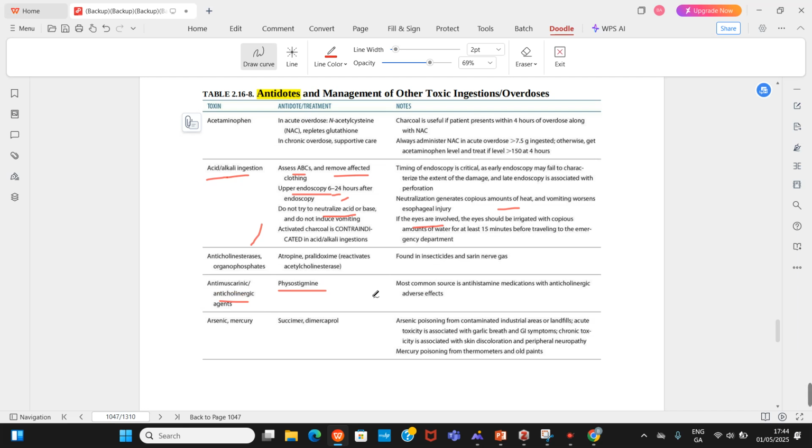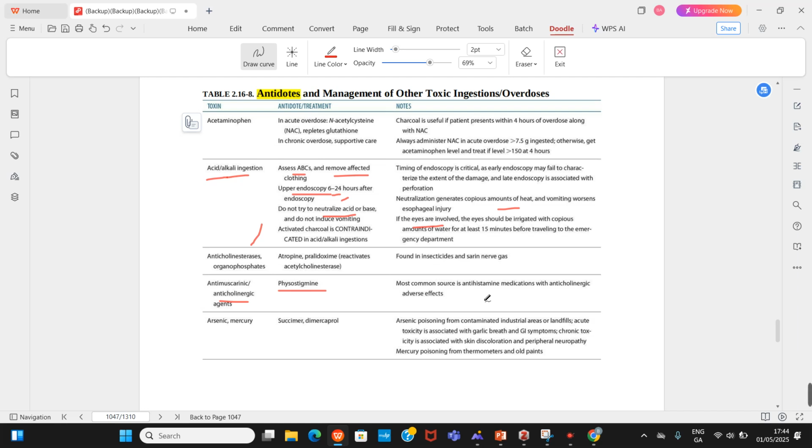Myasthenia gravis. It's important we know all those distinctions because you can be confused in the exam. They will put both of them there. So physostigmine is for anti-muscarinic toxicity. Pyridostigmine, the one with the first Y, is for myasthenia gravis.